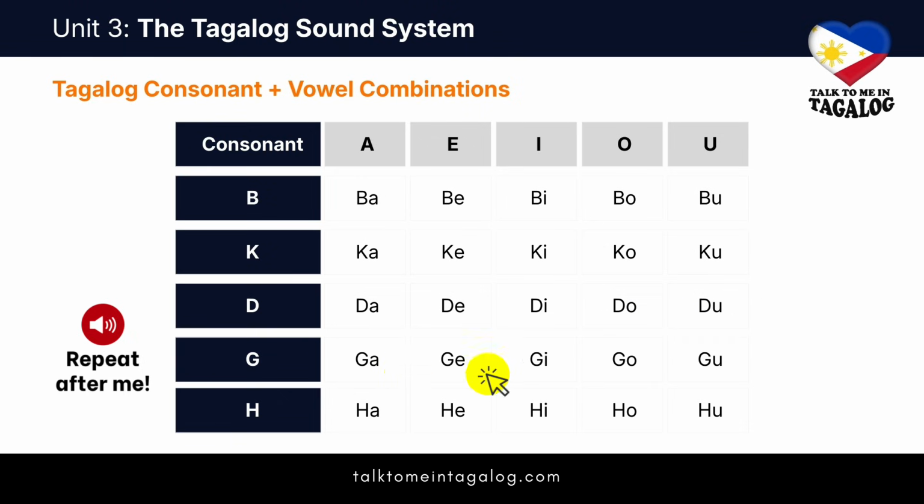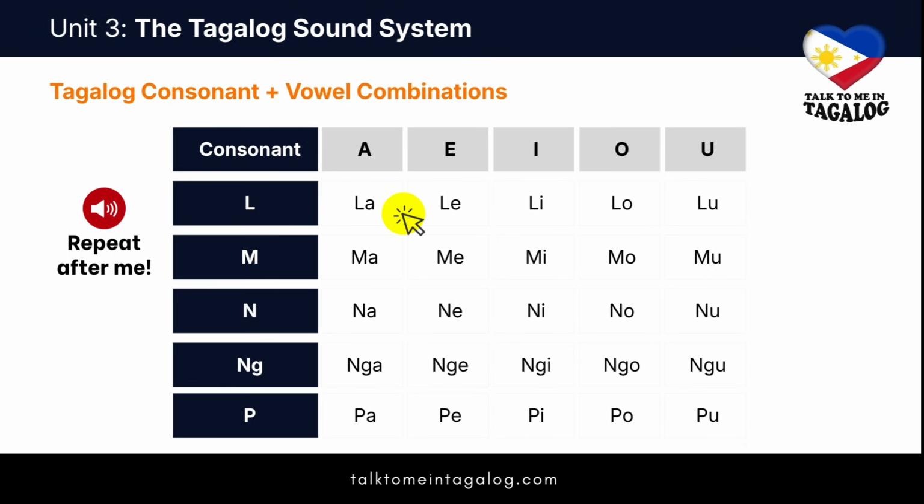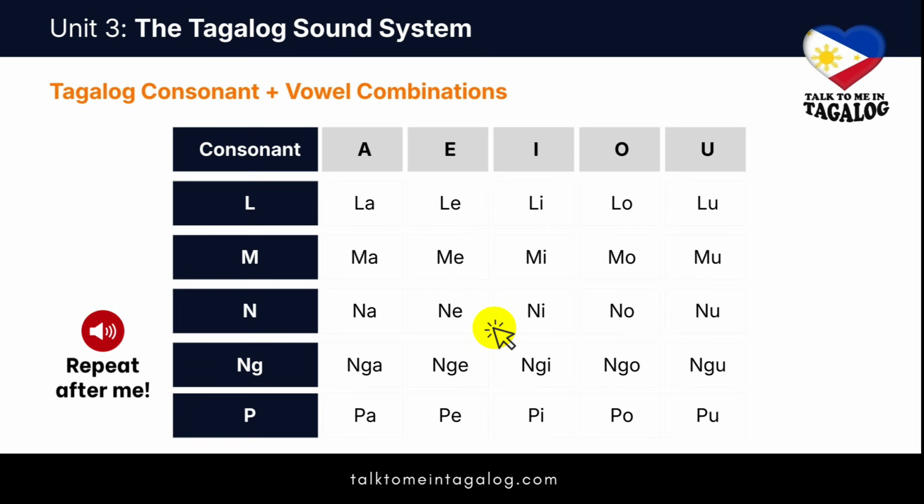Ga, ge, gi, go, gu. Ha, he, hi, ho, hu. La, le, li, lo, lu. Ma, me, mi, mo, mu. Na, ne, ni, no, nu.